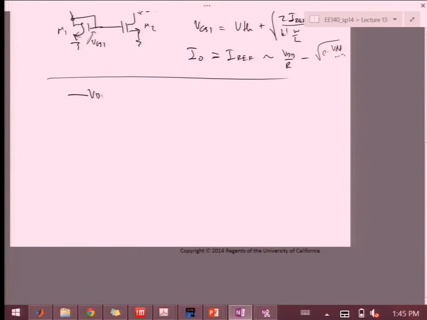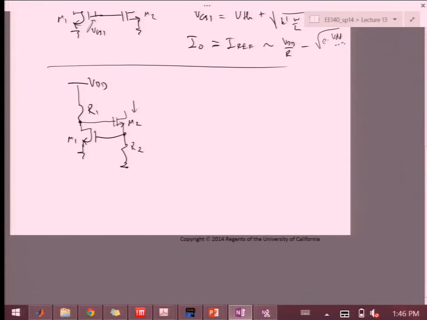So we start from VDD. And we're going to say, well, there is an R here, so let's call R1, R2. And then I'll have my output transistor be like this. So take a look now at what's happening.